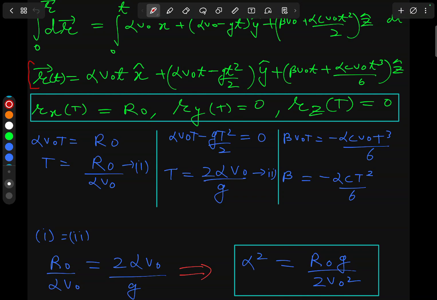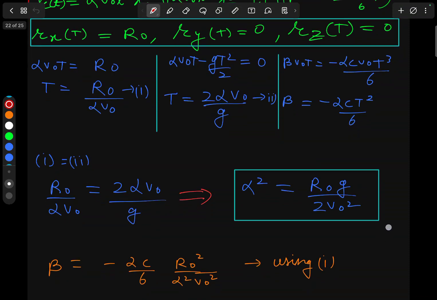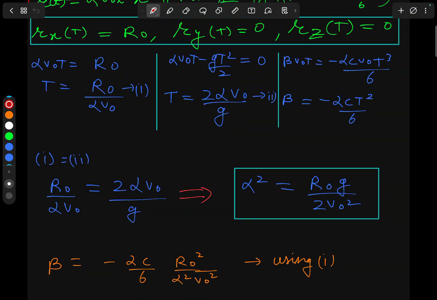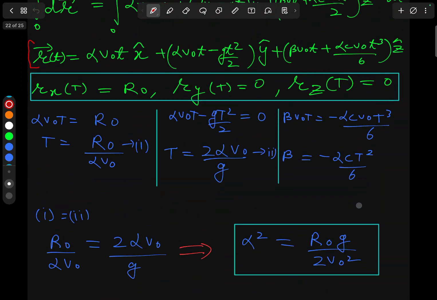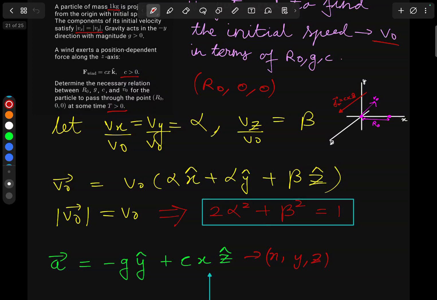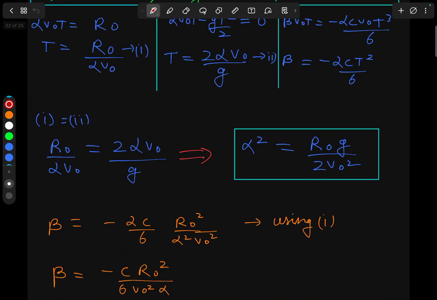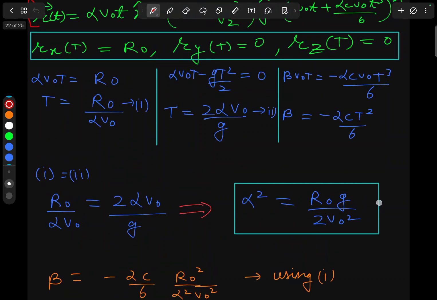And now because both of them represent capital T, they are equal to each other, and once I do that, r0 by alpha times v naught is equal to 2 times alpha times v naught by g. What I will get is alpha square equals r0 times g divided by 2 times v naught square, right? Now I'm only concerned with alpha square because this is what I need here, so I don't really need to care about the plus minus sign, right?